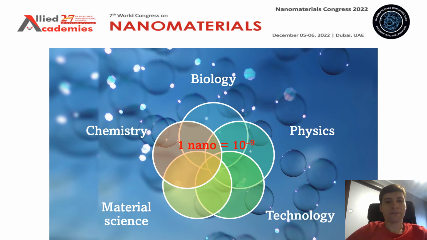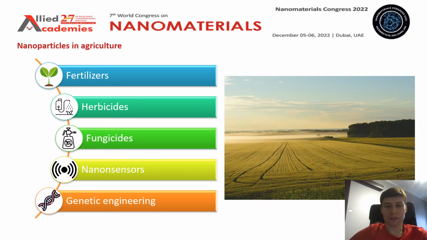So basically, nanoparticles, due to their unique properties, as you know, can be used in various scientific disciplines, such as material science, technology, chemistry, physics, but also in life sciences, such as biology, medicine, and also in agriculture.